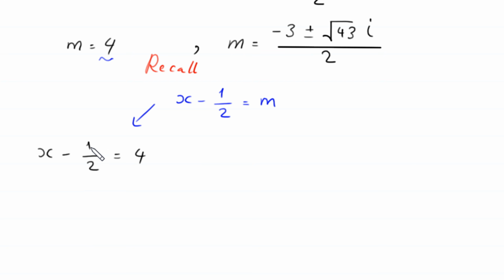We move this negative 1/2 to the right-hand side, so x = 4 + 1/2. We write the denominator of 4 as 1 and take the LCM of 1 and 2, which is 2. 2 divided by 1 is 2, times 4 is 8, plus 2 divided by 2 is 1, times 1 is 1.